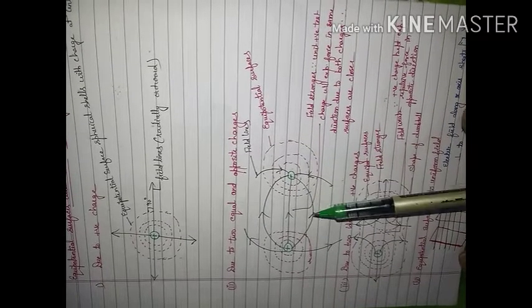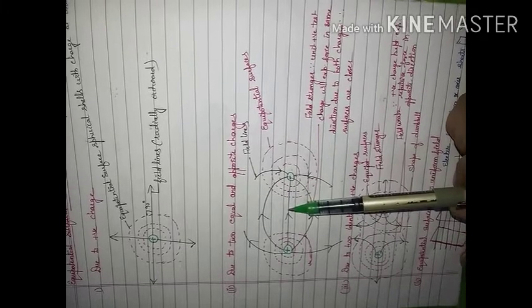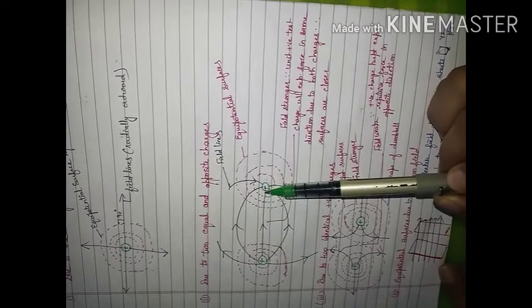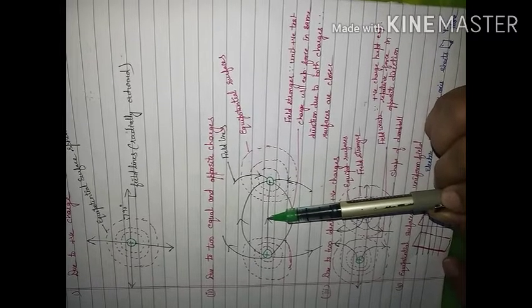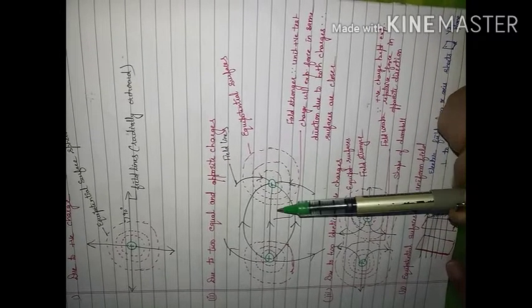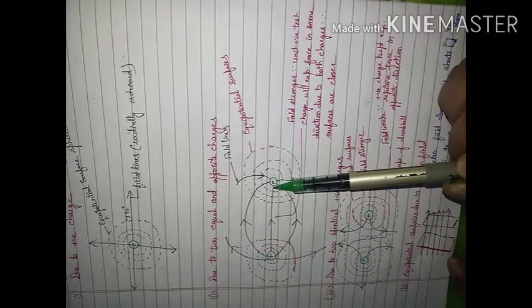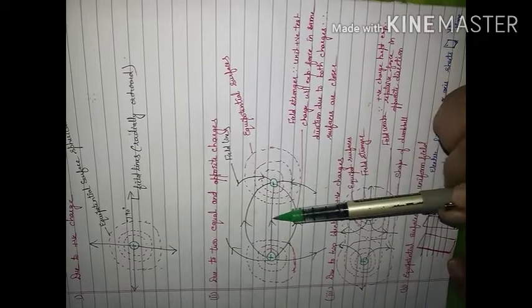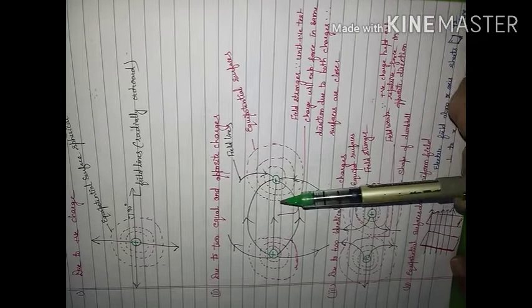If you keep a unit positive charge here, it experiences a force of repulsion in this direction, and a force of attraction due to this charge in this direction. So both forces act in the same direction, the field will be stronger here, and the gap between equipotential surfaces will be less.